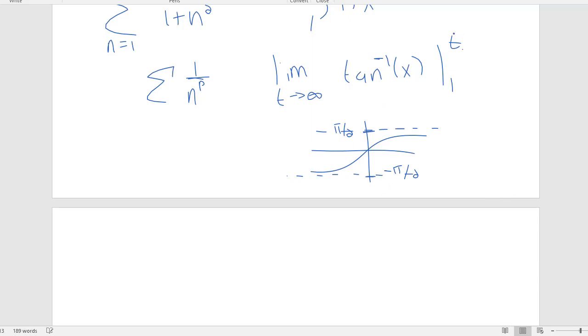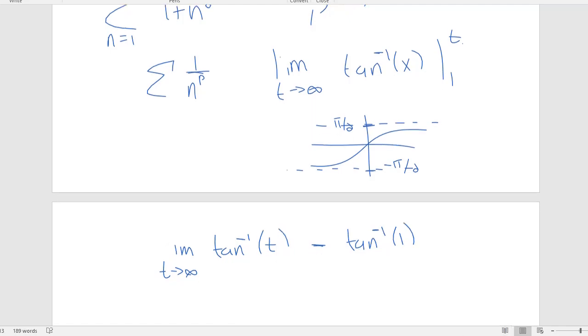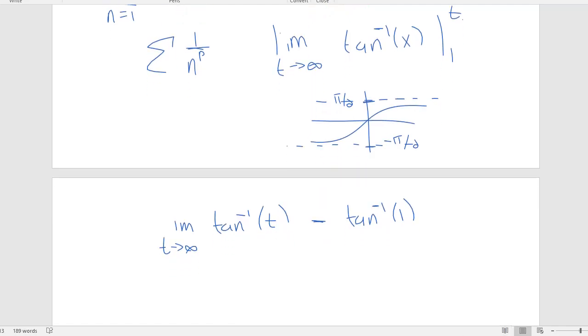So when I plug the upper limit in, I have the inverse tangent of t as t goes to infinity, minus the inverse tangent of 1. From that graph, we can see as t goes to infinity, the graph approaches pi over 2.